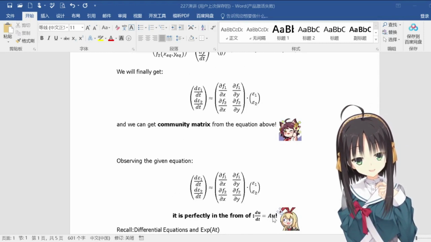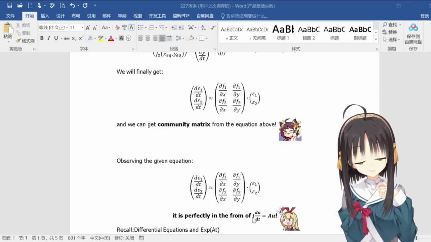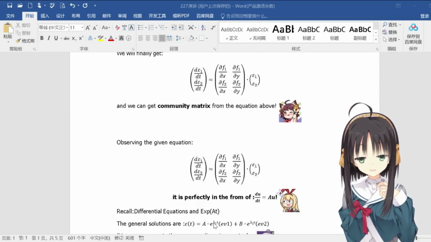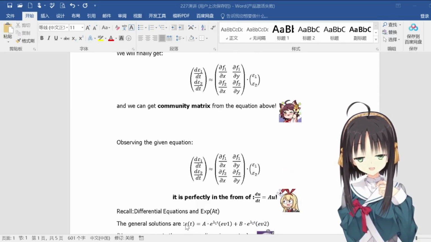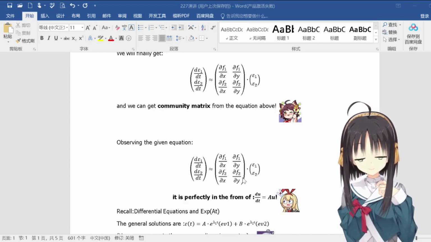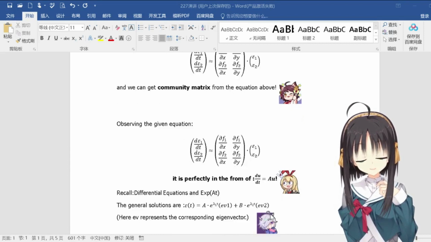When we get the ODE system in such a form, we can immediately get its general solution. The general solution is epsilon(t) equals this expression. And here, lambda 1 and lambda 2 represent the eigenvalues of this matrix, and EB1, EB2 represent the corresponding eigenvectors.